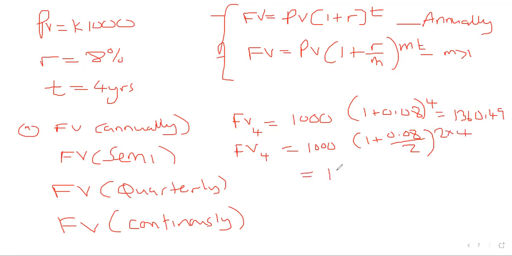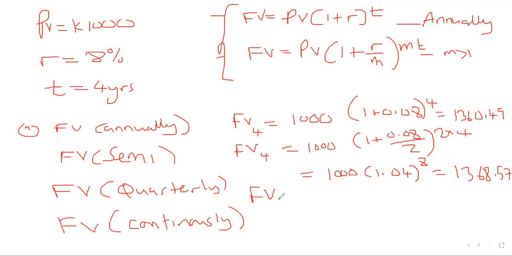So in this case, we're going to have 1,000 times 1.04 to the power 8. Are you understanding what is happening there? Yes, we are following. So our future value here will be 1,368.57 because we are compounding semi-annually.